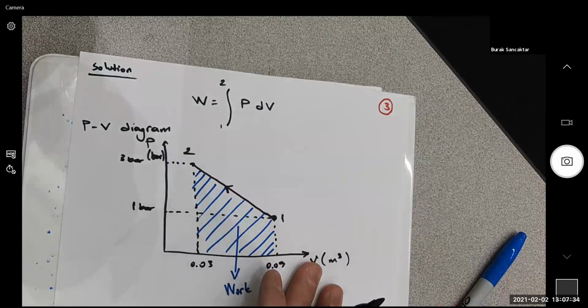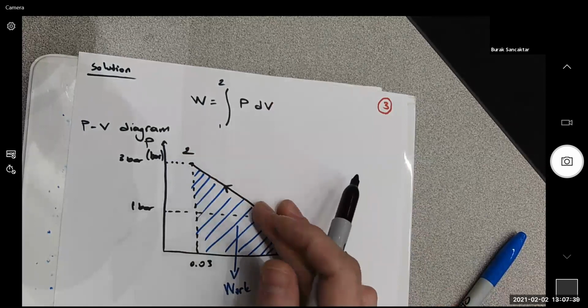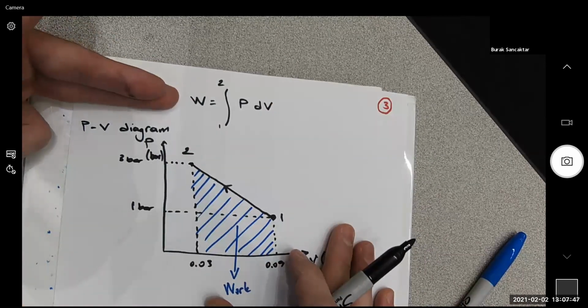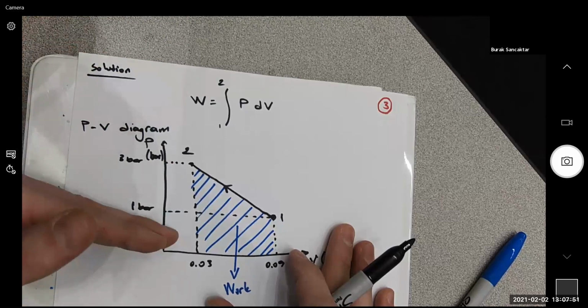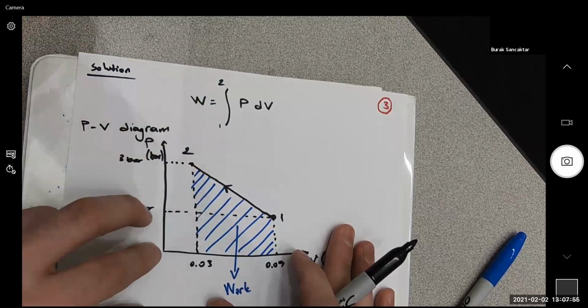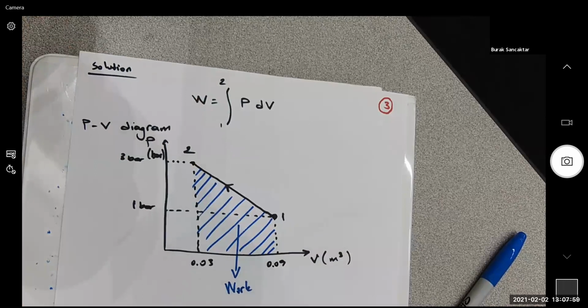But in the future, this shape will get curvy, not linear, which is usually the case in real applications. I recommend you use integration, which is a mathematical solution, not as logical as this geometrical solution, but it will always give you the right answer.